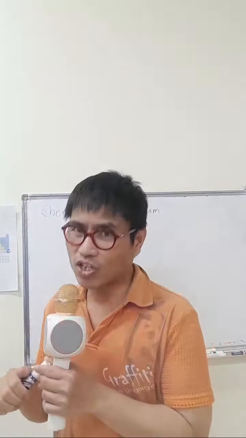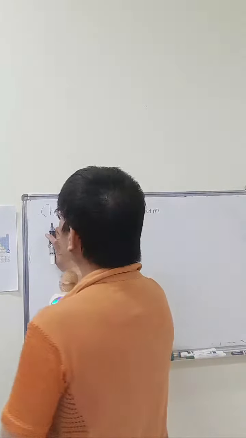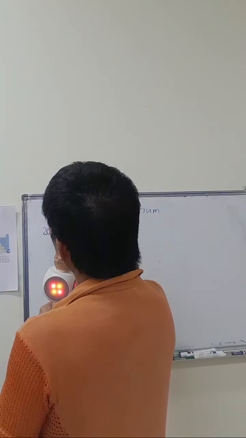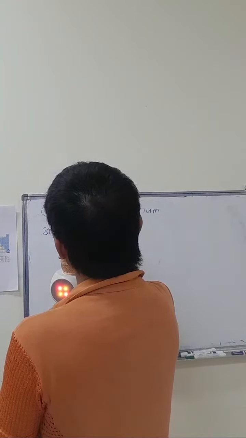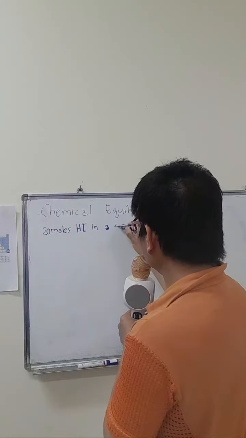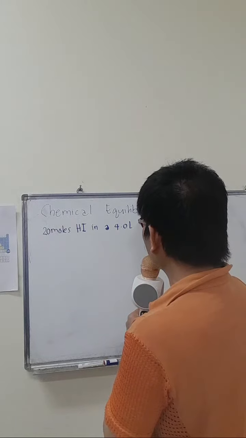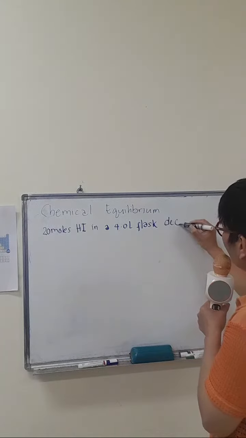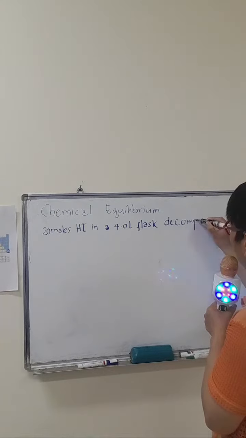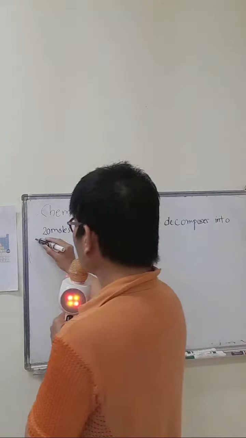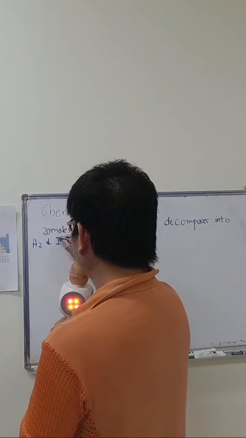Now I give you an example. I will fabricate a question, something different. Say, for example, 20 moles of hydroiodic acid in a 4-liter flask decomposes into hydrogen gas, H2, and iodine gas.